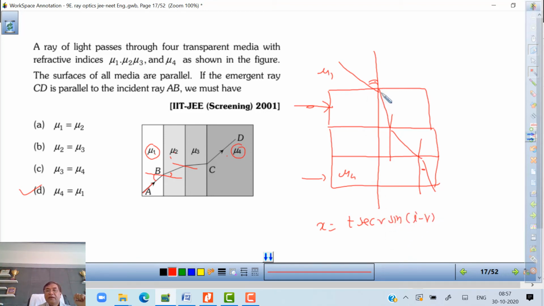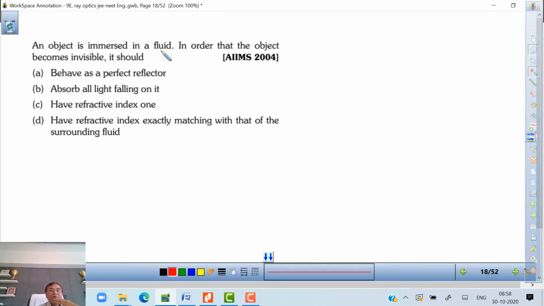But if it passes through many layers, you can directly do t sec r sin(i minus r) for the layer in which you want the shift. I is the incident angle, r is the refracted angle and t is the thickness. So I have to calculate the lateral shift for each one and then add all of these.